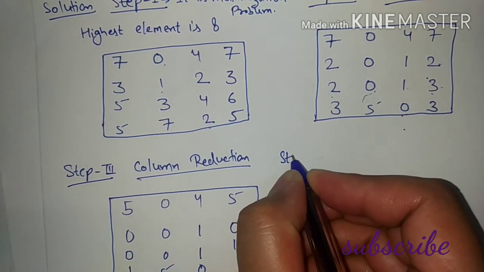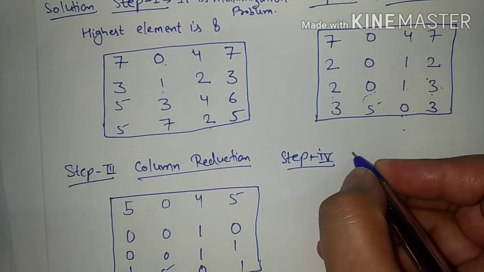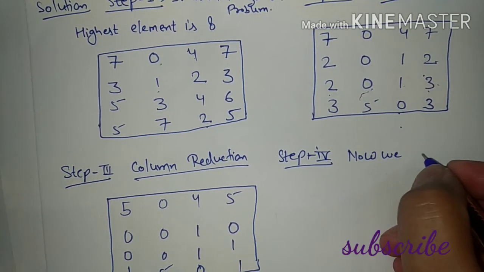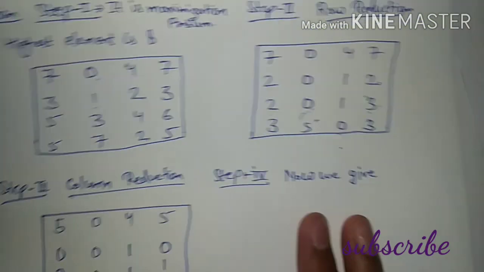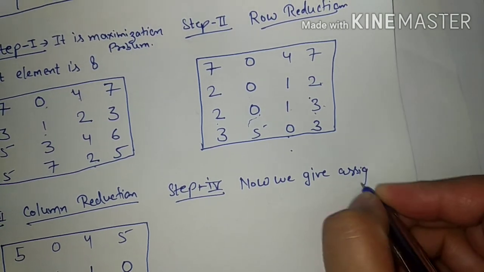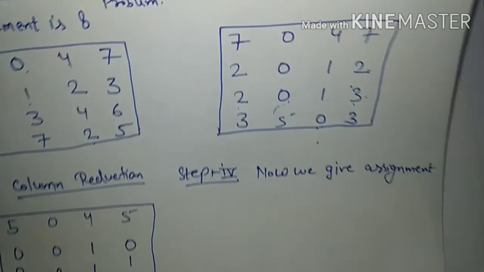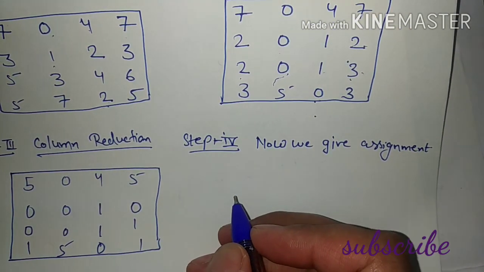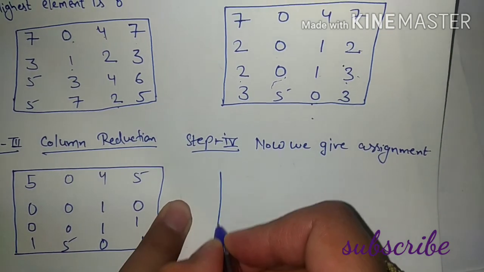Step number 4. Now we give the assignment. In step number 4, let us take the matrix which we got from column reduction.